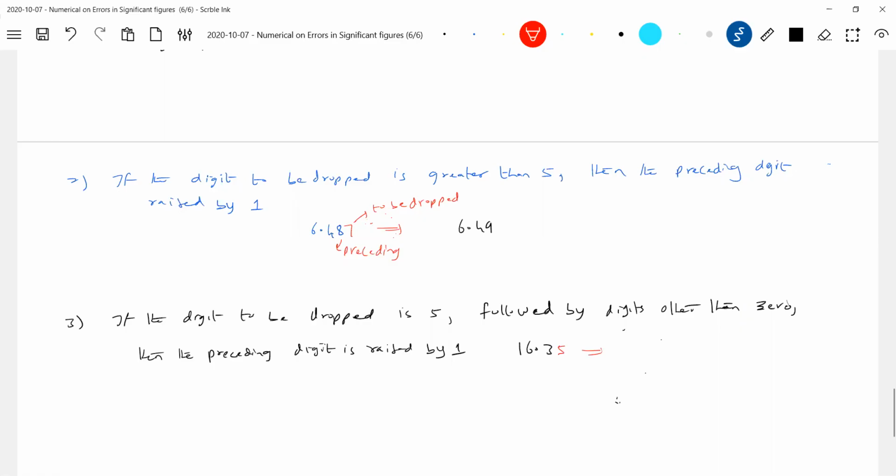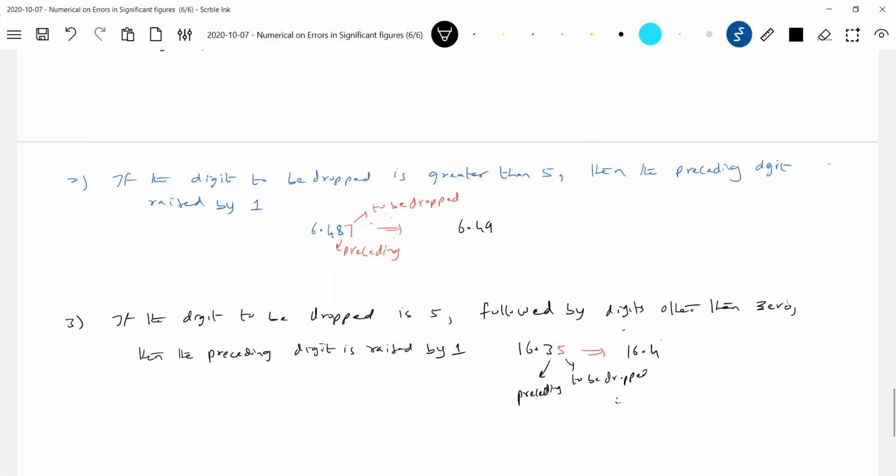If I do like this, 16.4 will come. The preceding, this is called the digit to be dropped. This is the preceding. Followed by digits other than 0, then the preceding digit is raised by 1.